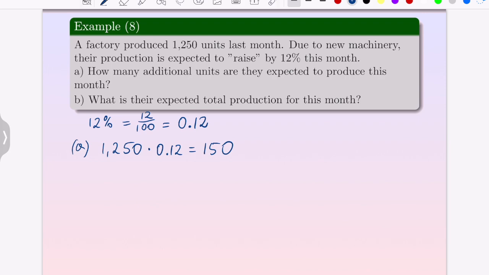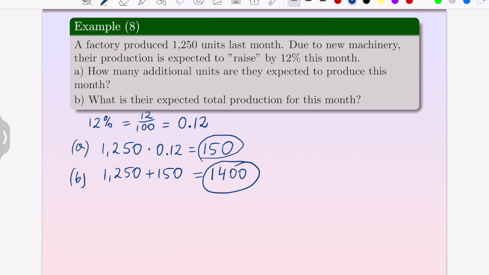And part B would be what is the total production. So we have 1,250 plus 150. And in that case, we have 1,400 units this month. So this is the total number of units they will produce, and this is how many more they are expected to produce.